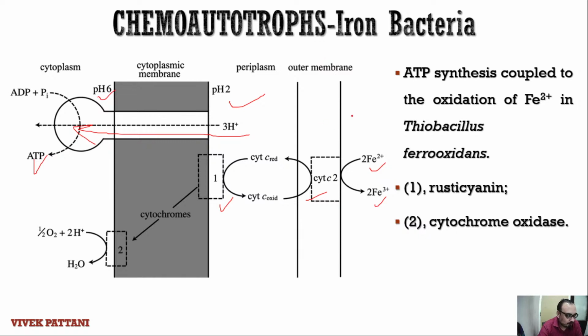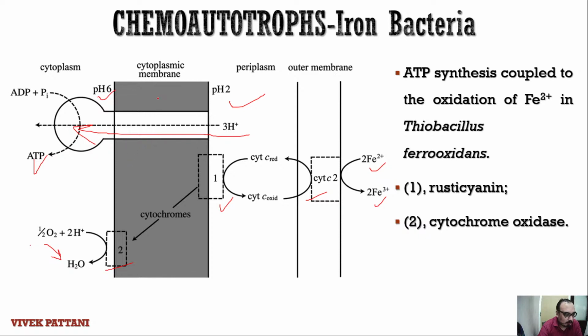Cytochromes basically pass on electrons, and with the help of cytochrome oxidase and other enzymes, oxygen will be converted into a water molecule.